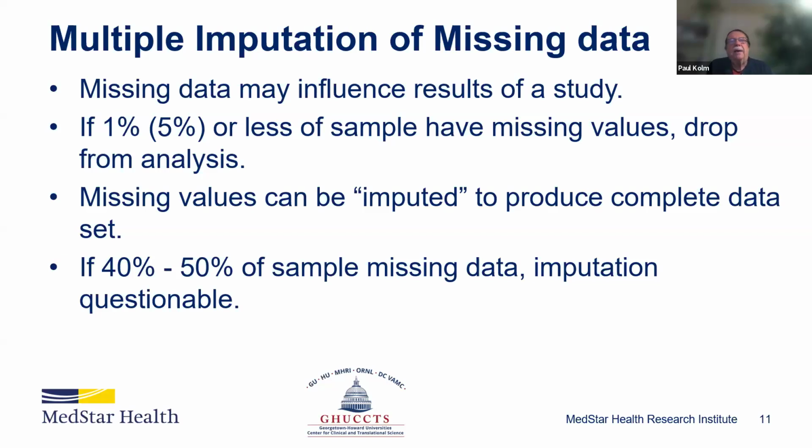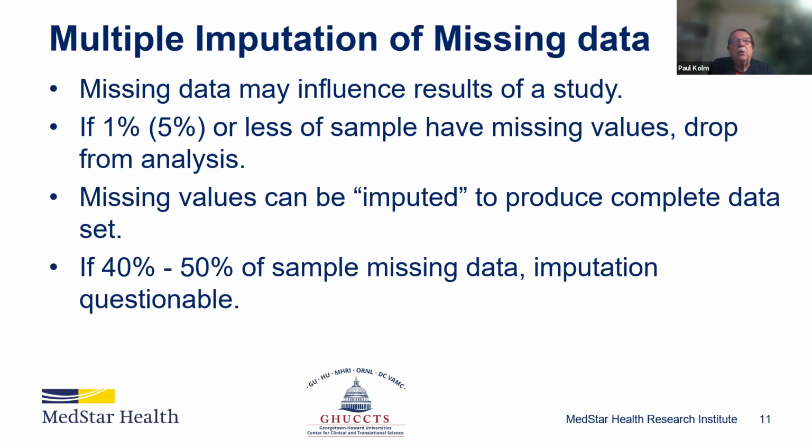I mean, unless you only have a few patients, but most of the time, if you have more than, say, 30 to 50 or hundreds or even thousands, dropping the missing values is not going to really make that much difference.